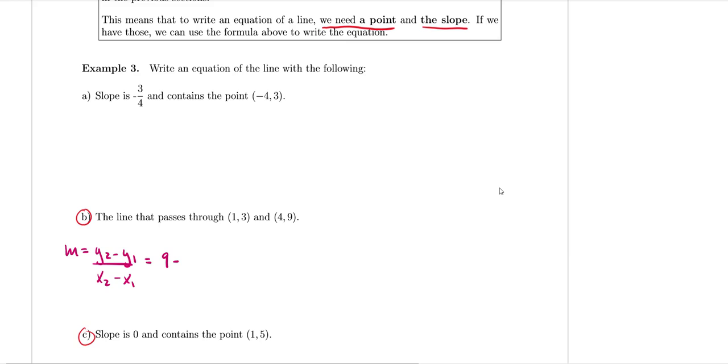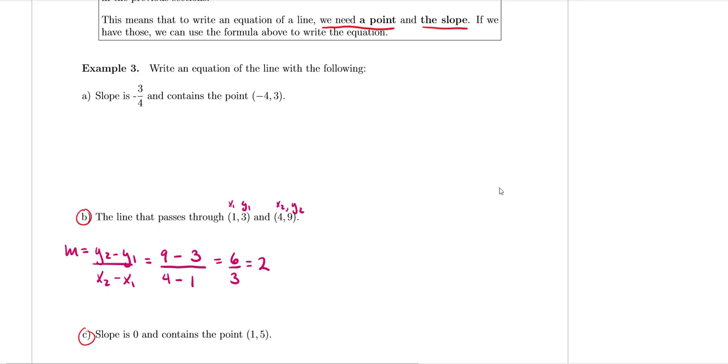Let's call this one x1, y1, and x2, y2. So we'll get 9 minus 3 all over 4 minus 1. So that should give us 6 over 3, which is a 2.